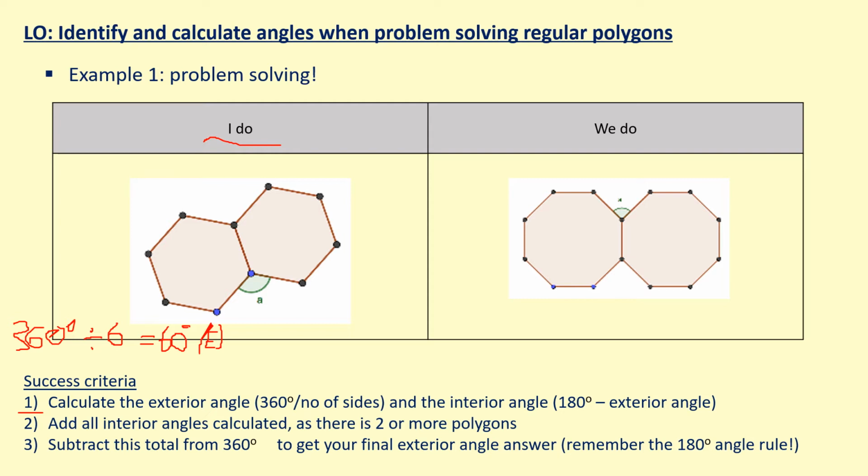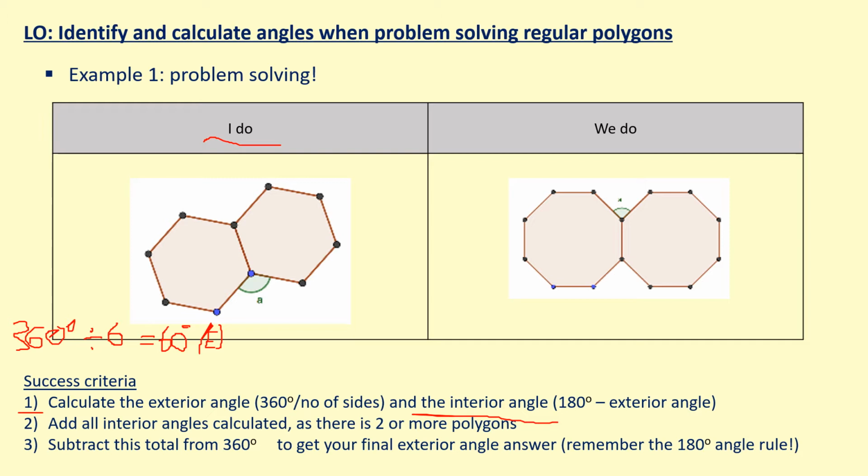We've just done that. And the second part of step 1, for the interior angle here, we now need to do 180 degrees subtract the exterior angle. So that's that angle fact where we subtract either the exterior or interior to find the other.